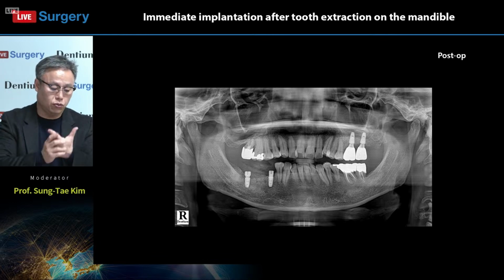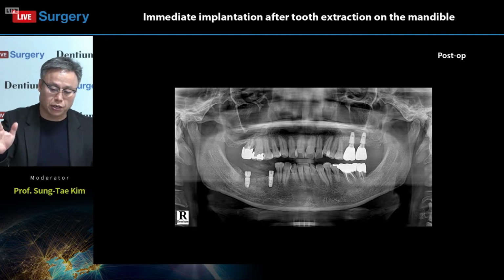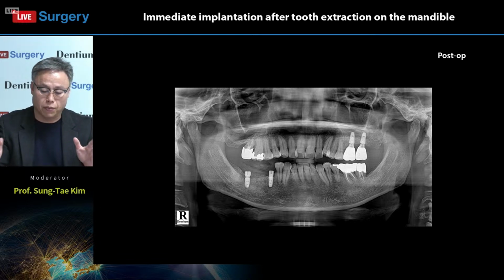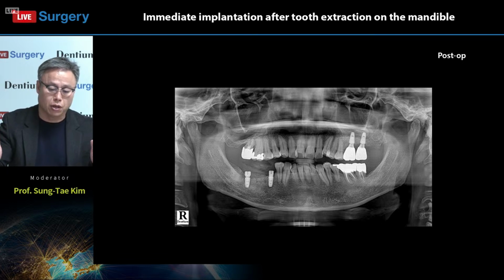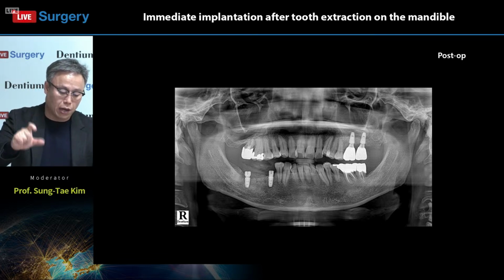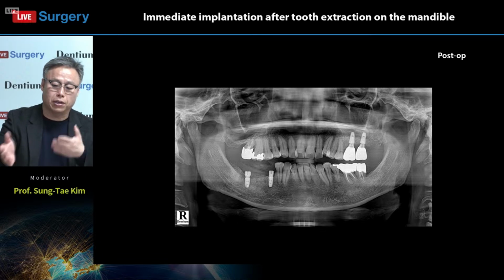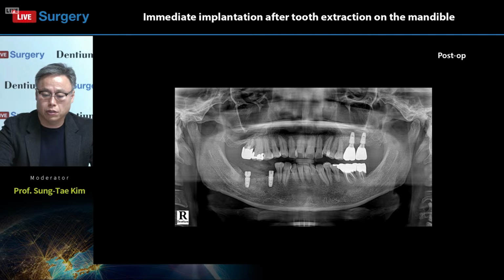And also, two reasons: the thickness of the fixture increased, so it minimizes the risk of fracture of the fixture, and the other one is the connection became stronger, deeper, with an ideal connection taper, therefore preventing abutment loosening.